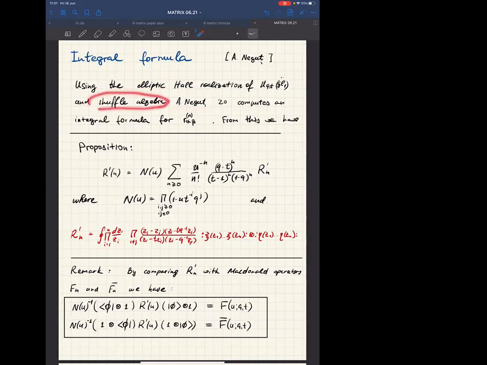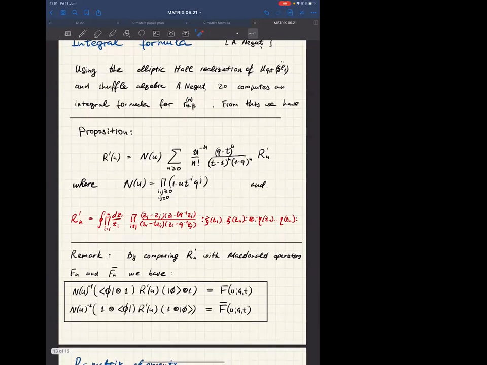Using this language of shuffle algebras, Andrei calculates integral formulas, and he's able to come up with an integral formula for these coefficients R alpha, beta when they're expanded in the spectral parameter. So for each coefficient of the expansion, he comes up with an integral formula, and we can use this result in our language. This leads to the following proposition.